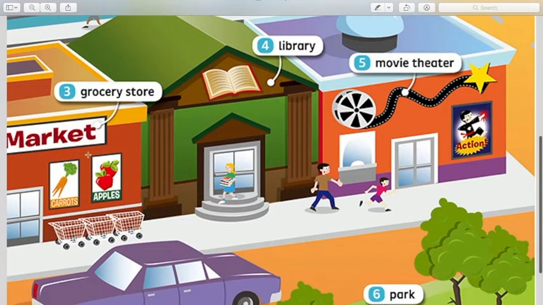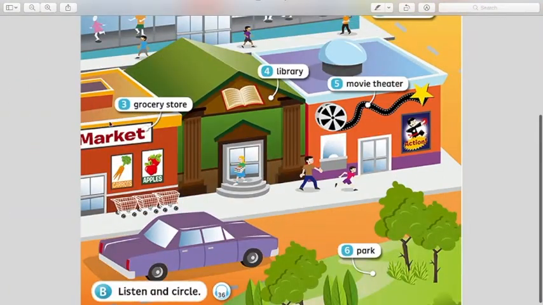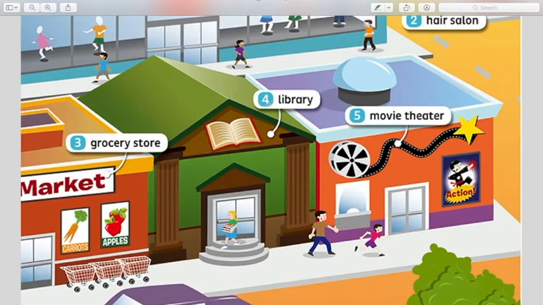And these markets, they have carrots, apples, shopping carts where you could put all your food before you check out. So this is called a grocery store. Grocery store. Next, we have, next to the market or next to the grocery store, we have a library.